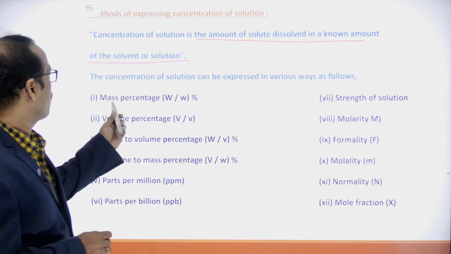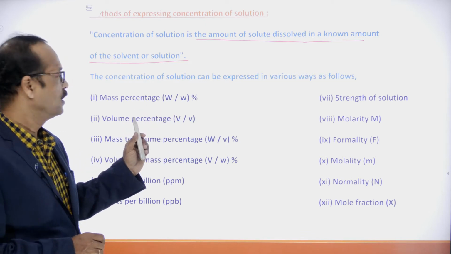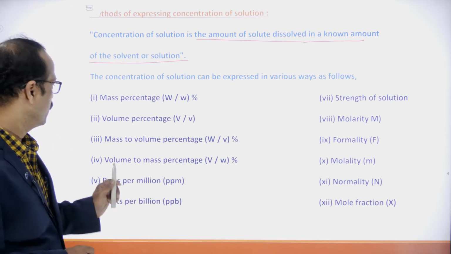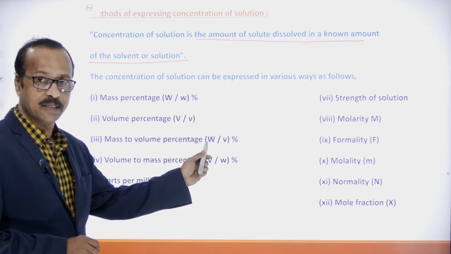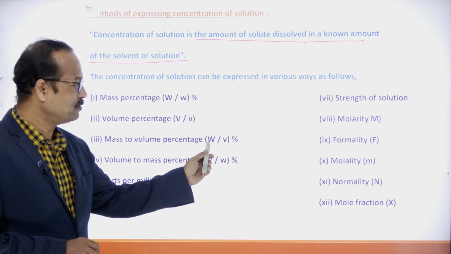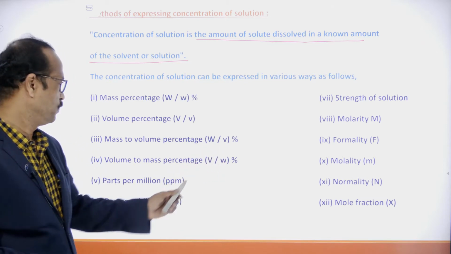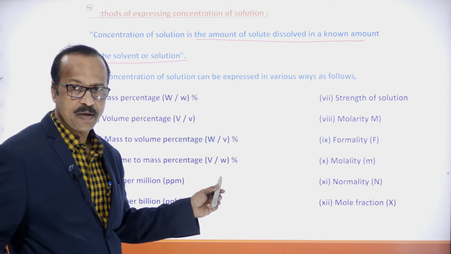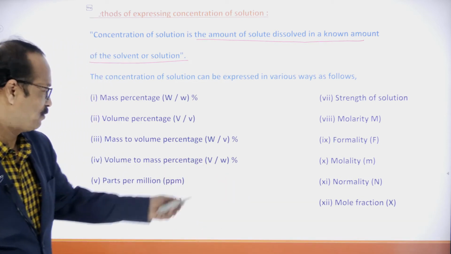Like mass percentage, weight by weight; volume percentage, volume by volume; mass to volume percentage. Mass to volume means solute in grams and solution in milliliters or liters. Volume to mass means solute in volume and solution in mass, grams.